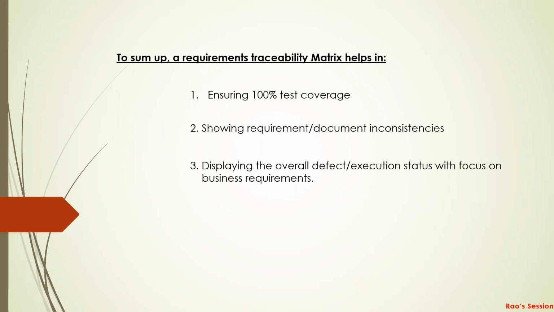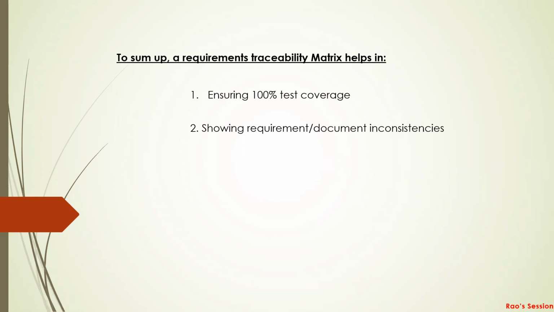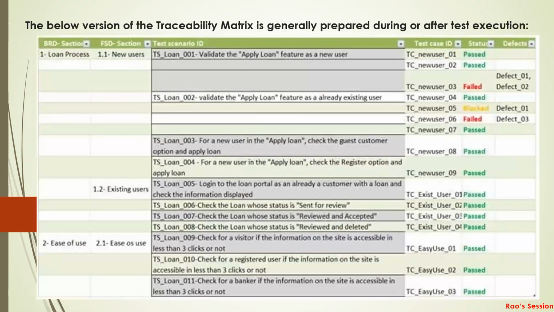How can we track the requirements? We should have some source, right? Here, that source is what we call RTM. When do we prepare this RTM? The developer will develop the applications in between.